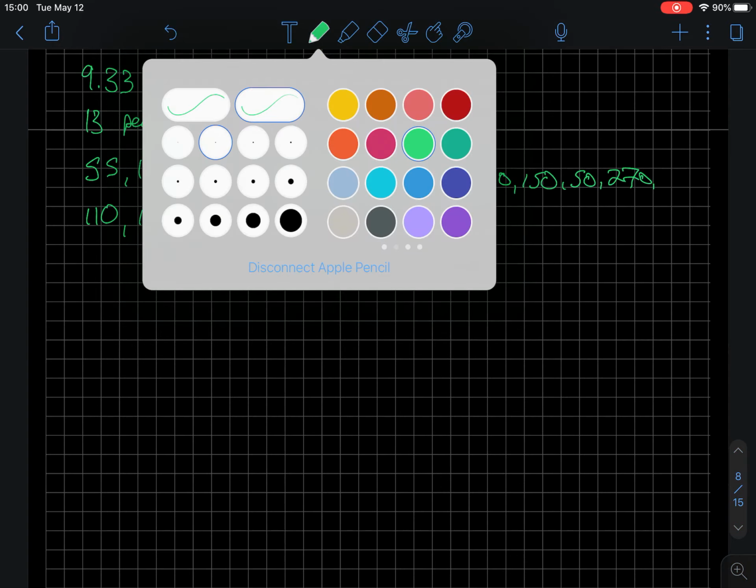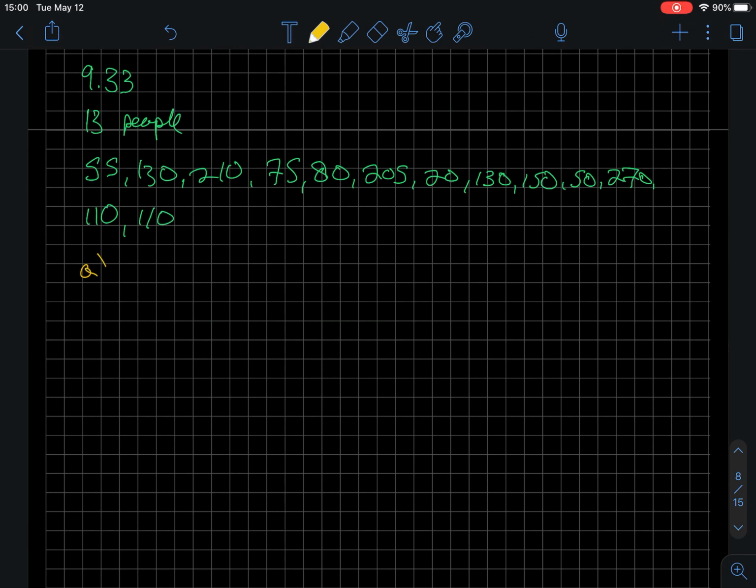What exactly are we trying to solve? The variable is the number of Facebook friends. The parameter is the mean number of friends.